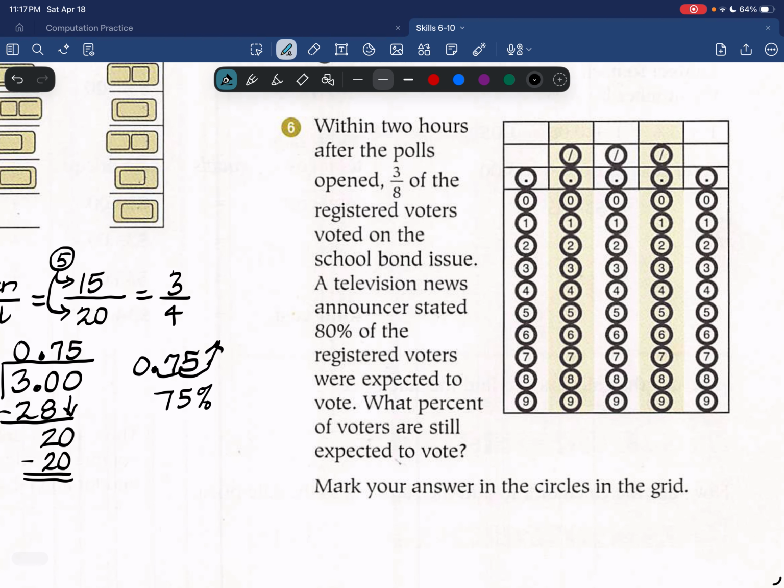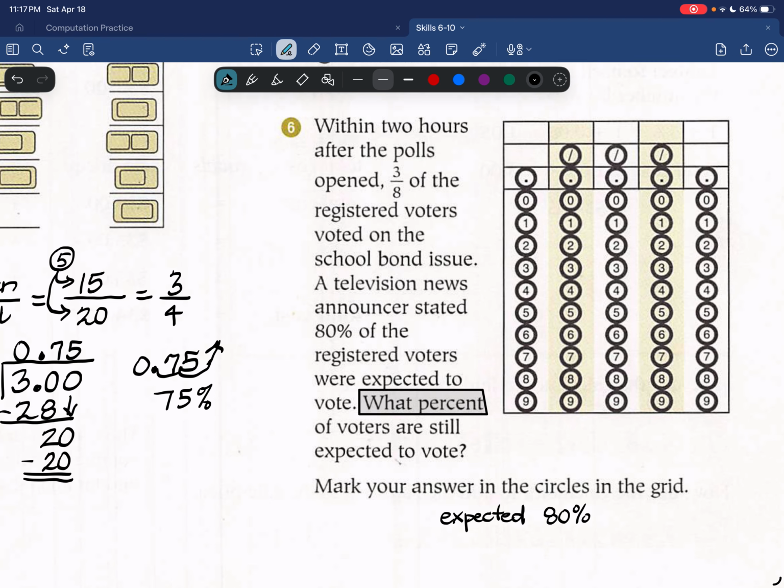Well, here's where my eye goes. There are lots of ways to solve this, but they are asking me what percent are still going to vote. So they want my answers in terms of percents. So we know that 80% are expected to vote.